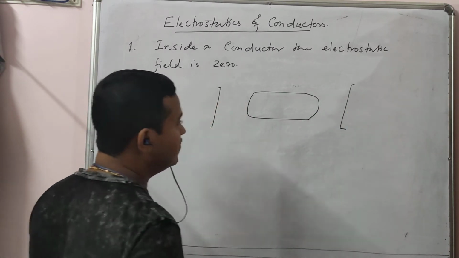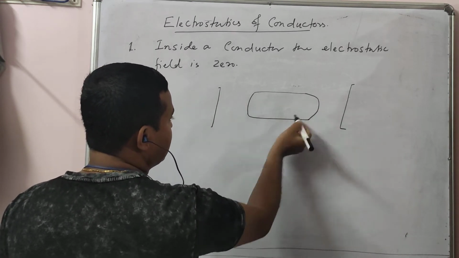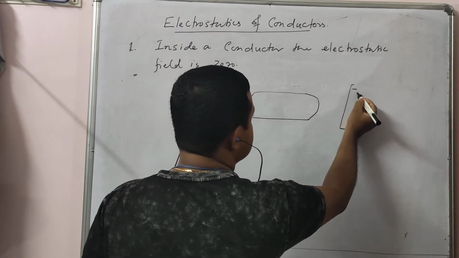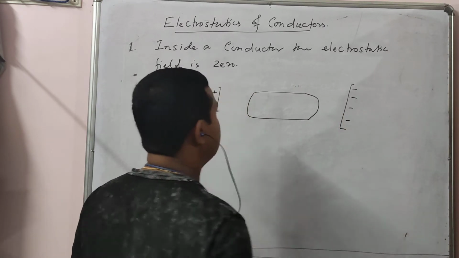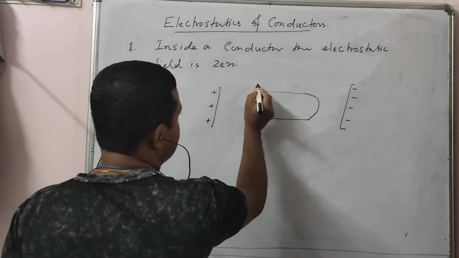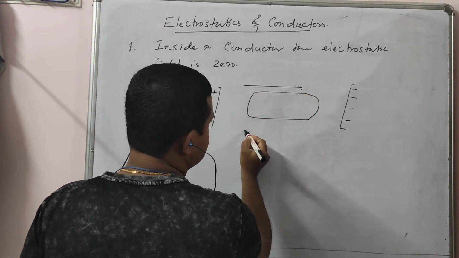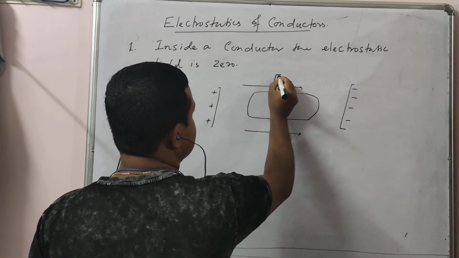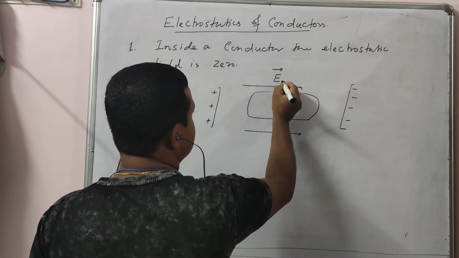Say we place the conductor between two plates where one is positive, another is negative. Now an external field is applied in the direction from positive to negative. So this is the external field we are applying.